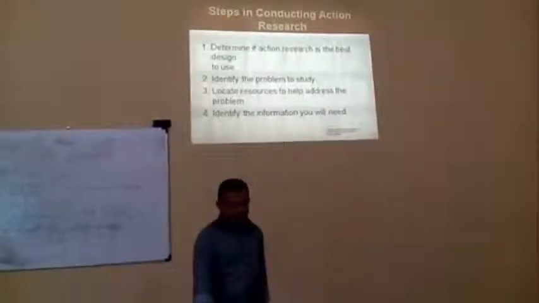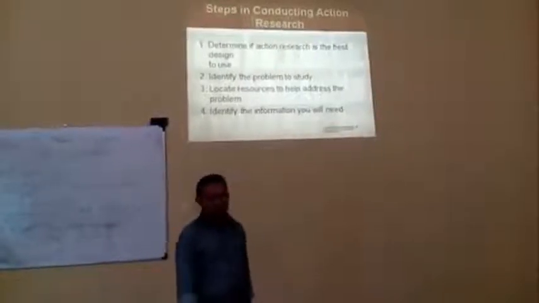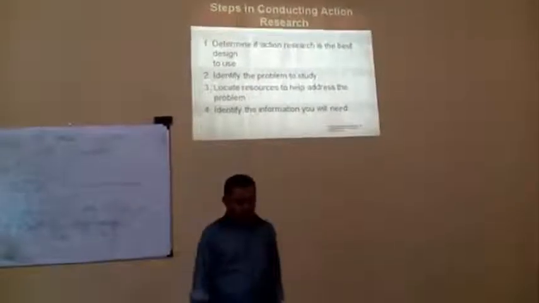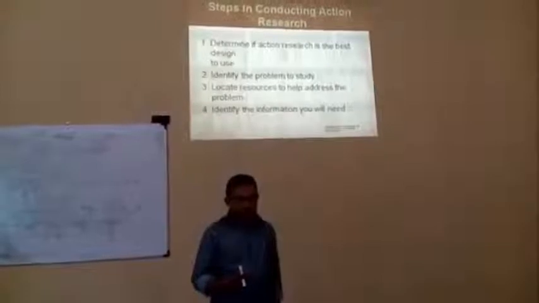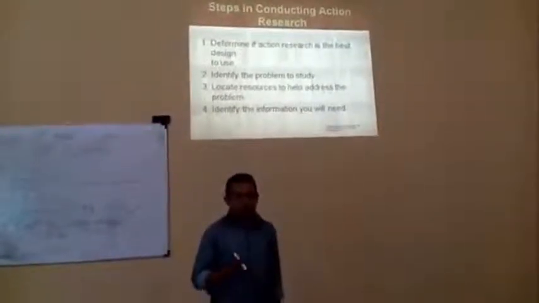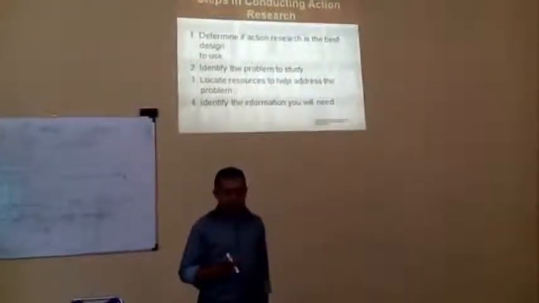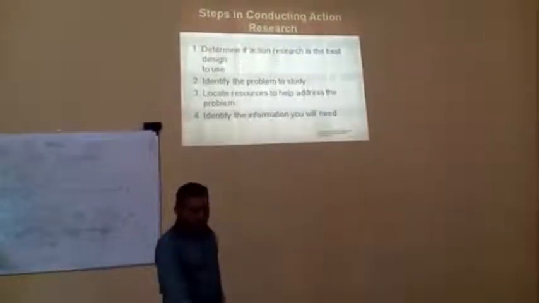Steps in conducting action research. There are steps in conducting action research. Firstly, determine if action research is the best design to use. Next, identify the problem to study, locate resources to help address the problem, and identify the information you will need.